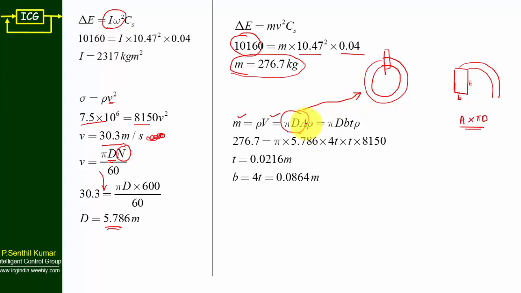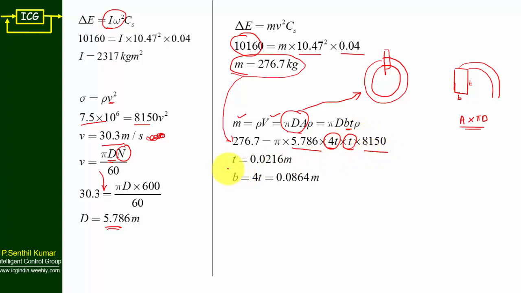Okay, then area equal to B into t. So pi into D into B into t into density. Mass known, so just substitute this mass value here. Pi into D value known, 5.786. Then the breadth value is already given, 4 times the thickness. So that's why I am taking 4t here, then again t, then density 8150.